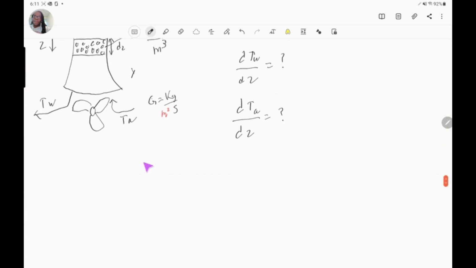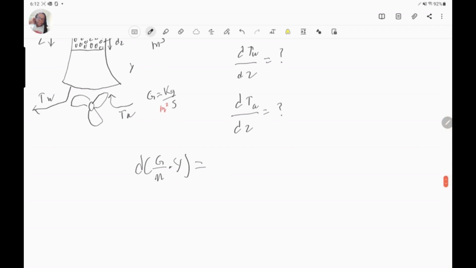Here we're going to see that it's our gas flow rate over our molecular weight of water, multiplied by our mole fraction, and that's going to be equal to our mass transfer.